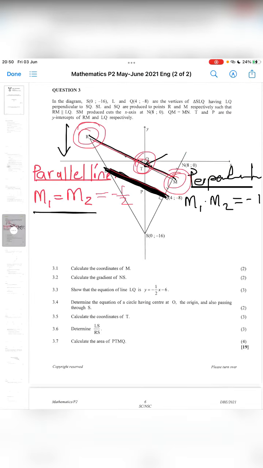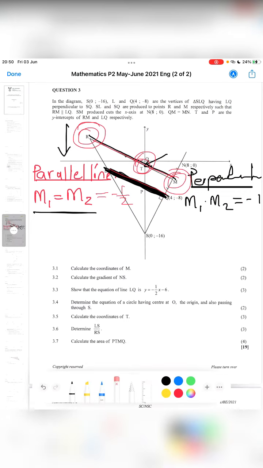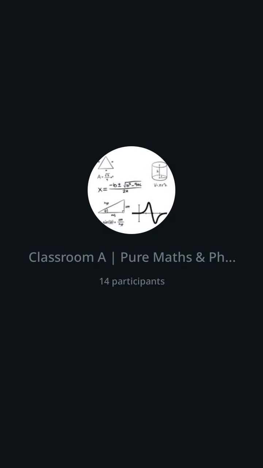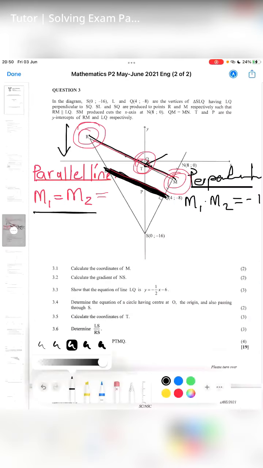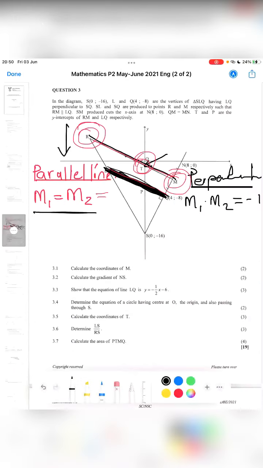Okay, so this is what I explained after I asked you that question. I suppose you guys didn't get it. What I said was that now that we know the gradient of this line, the gradient of this line also equals negative 1/2.